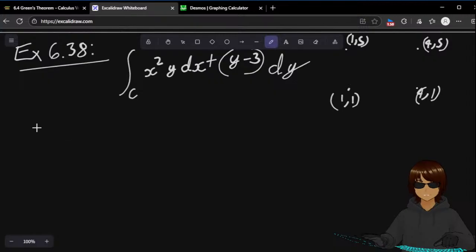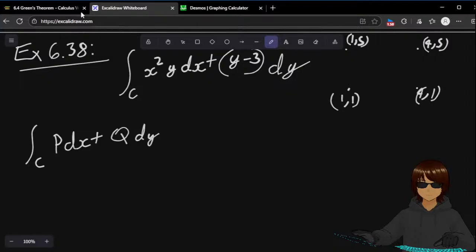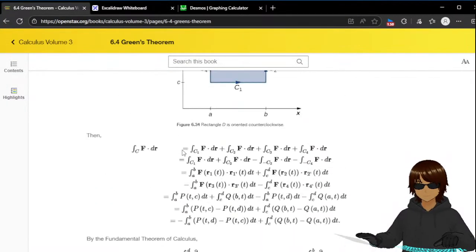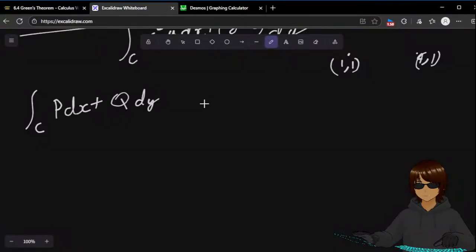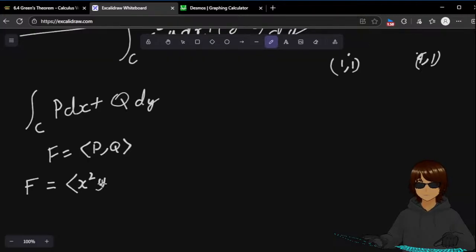So we can write this as P dx plus Q dy. So F is equal to (P, Q), where P is x squared y and Q is y minus 3.